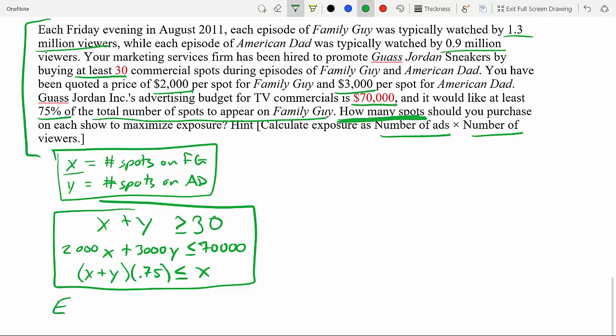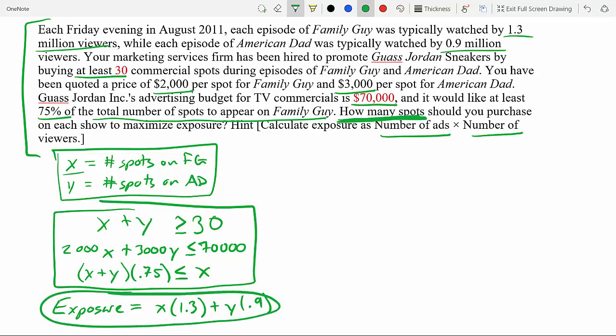So exposure is going to equal our number of ads, X, times the number of viewers for Family Guy, which is 1.3 million, plus number of ads for American Dad times its exposure of 0.9 million. So this is what we want to maximize, the exposure relative to these constraints.